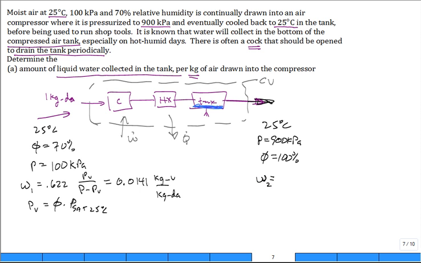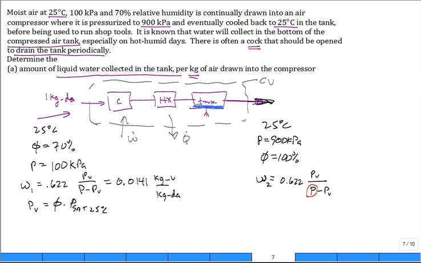You would want to have 0.622 the actual vapor pressure divided by the P minus PV. This P now is your 900 kPa. True? It's our 900 kPa, isn't it?